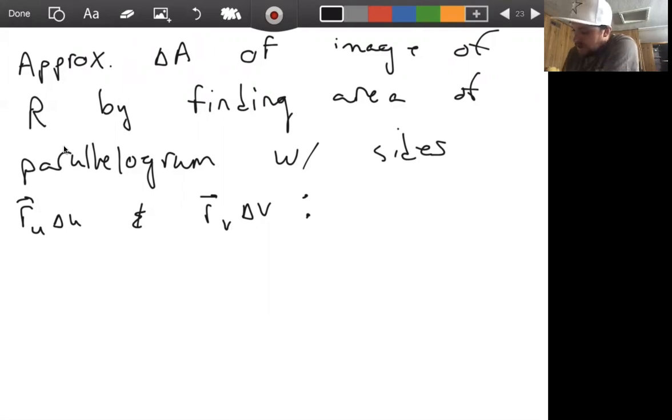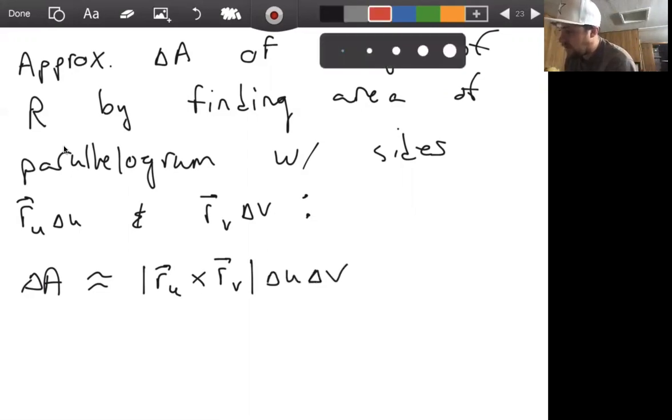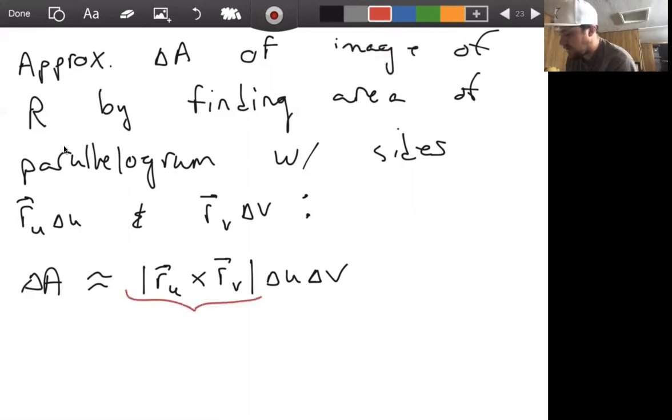And so we can use R sub u to say that the change in area, this delta A, is approximately, not equal, sorry, approximately the magnitude of the cross product of R sub u cross R sub v, times delta u delta v. And so now to find this approximate area, we just need to calculate what R sub u cross R sub v is.